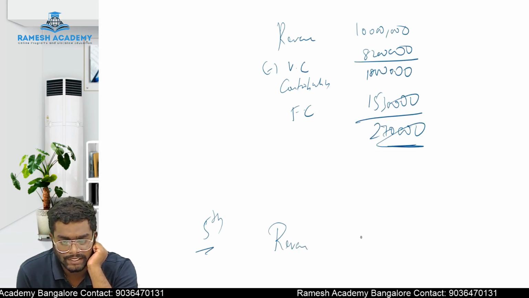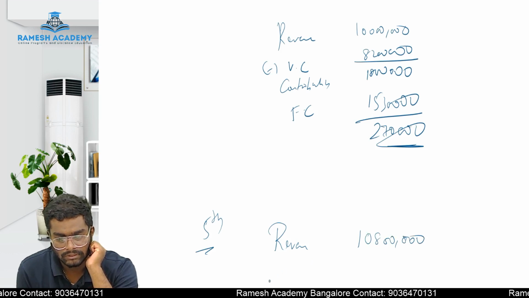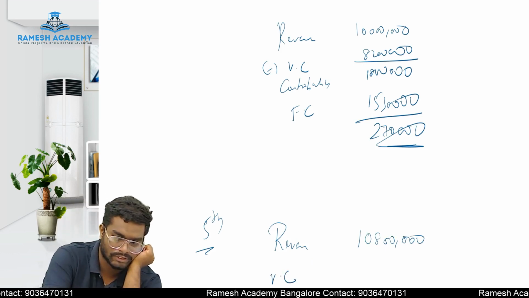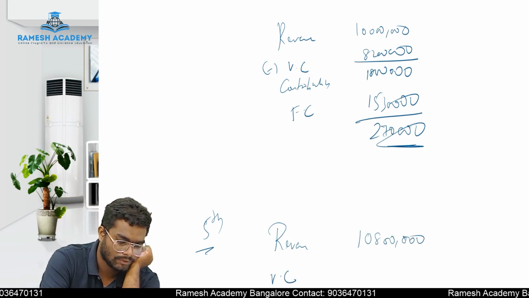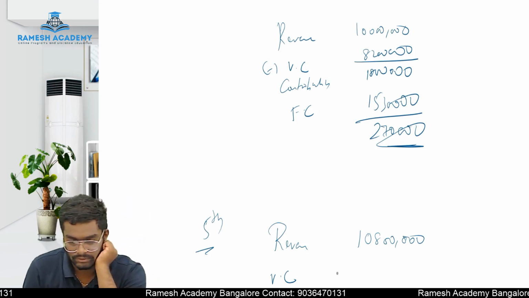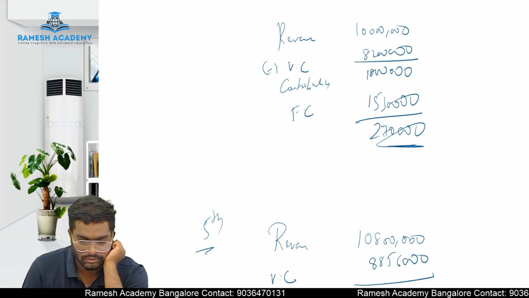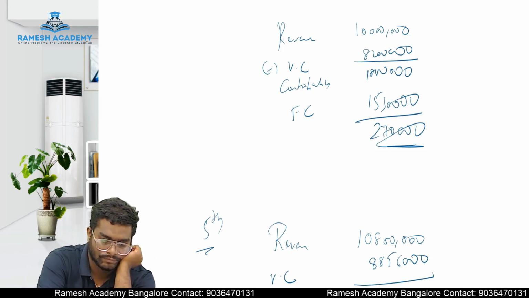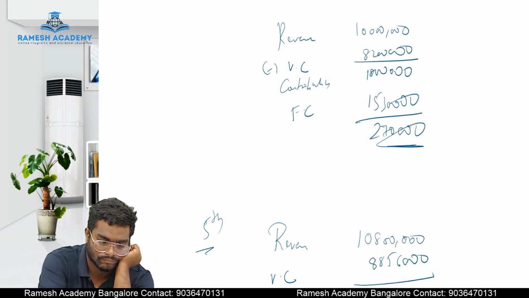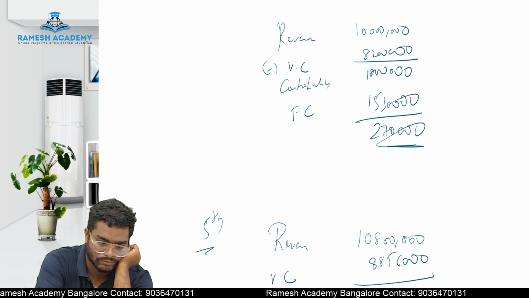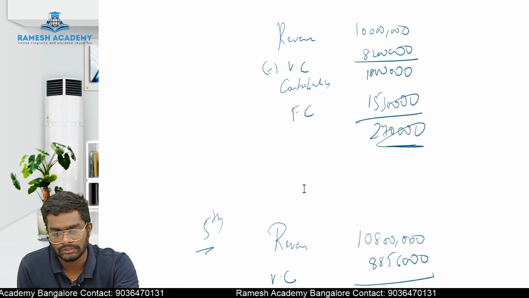Revenue is increasing by 8%, which means 1 crore 8 lakh. Then corresponding VC also should be increased. 82 into 1.08, which is 88 lakh 56,000. So my net effect would be 19 lakh 44,000.